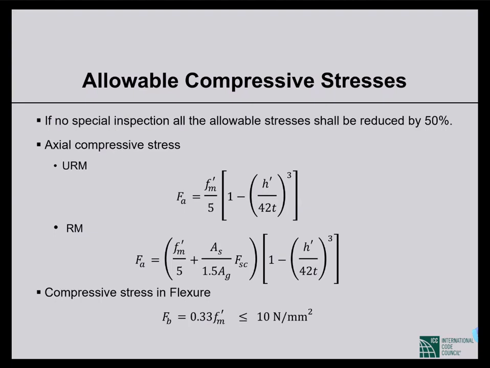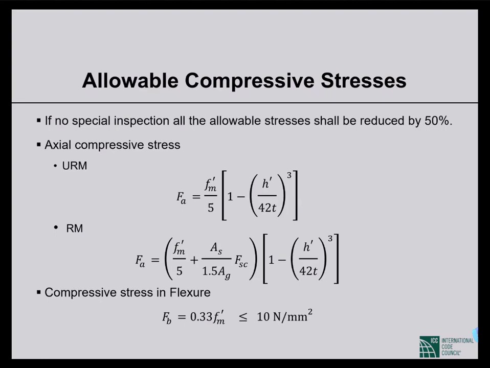Now, for axial compressive stress for unreinforced masonry, for all these cases, they depend very much on the slenderness ratio. So this h prime by t ratio is the slenderness ratio, effective height by effective thickness.